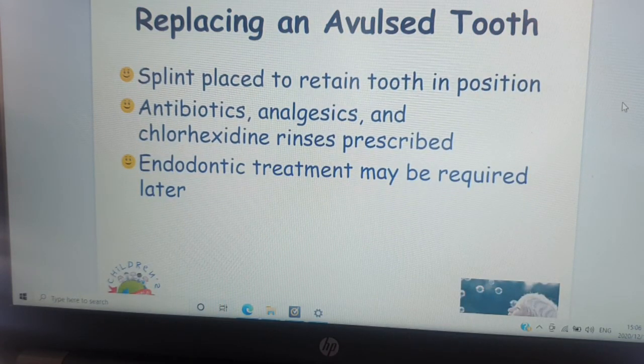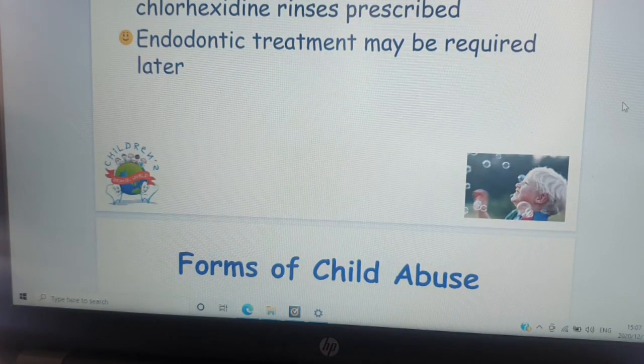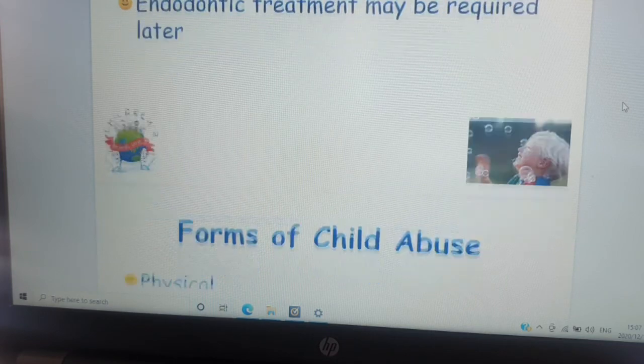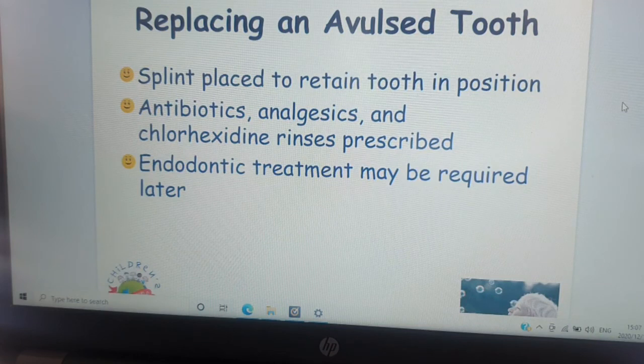We will give the patient antibiotics, analgesics, as well as a chlorhexidine rinse to be taken appropriately at home to reduce inflammation, to reduce pain, and to remove any sources of bacteria as a result of the injury. And then we'll have to assess the patient and evaluate if endodontic treatment may be required at a later stage. So that's essentially what happens with the different types of emergency procedures associated with our pediatric patients.